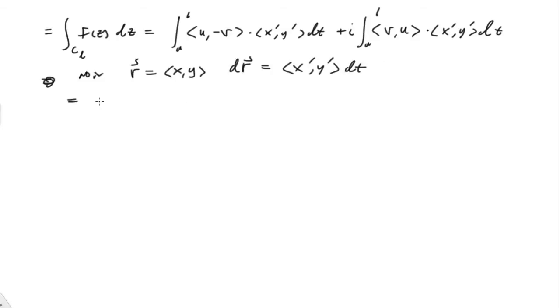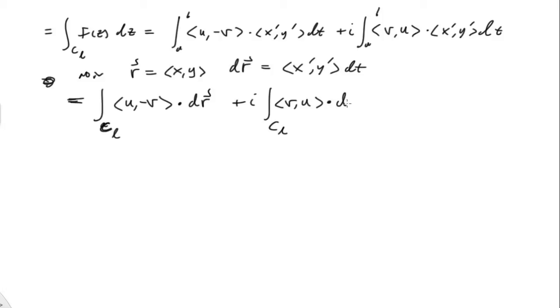So we can rewrite this as the integral along the path, now that we're doing vector calculus, of our vector field (u, -v) dotted with dr. Likewise, we have i times the integral along our path, again CL, of (v, u) dotted with dr.